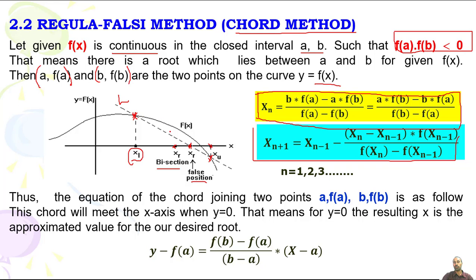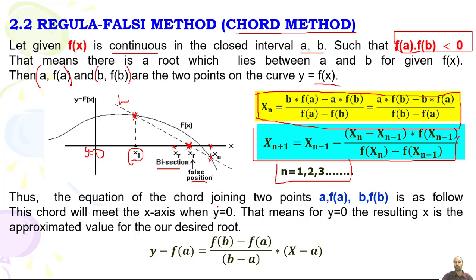Then this curve should meet until both lines intersect each other and cross the x-axis, so that y will be 0 here. Then you have to iterate. If n starts from 1 to 3, if you substitute 1 here, then you are going to calculate x2. Then this is x0. You are using x0. It goes on like this.